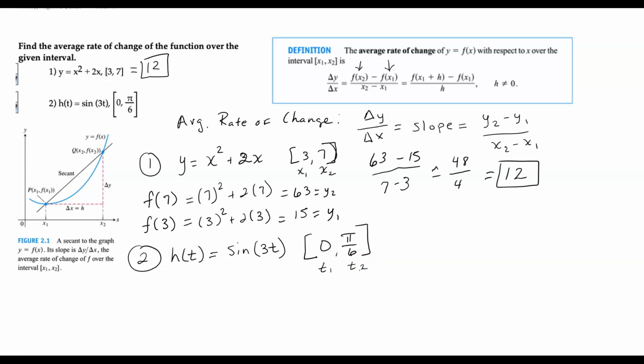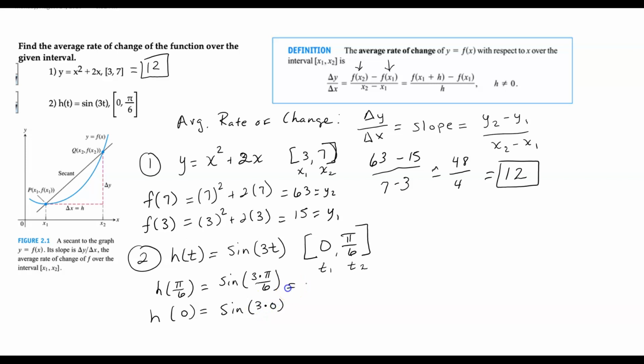So what we need to do here is we need to find h of pi over 6 and h of 0. That's important. Okay, so what we're going to do is we're going to say, okay, sine of 3 times pi over 6 and sine of 3 times 0.